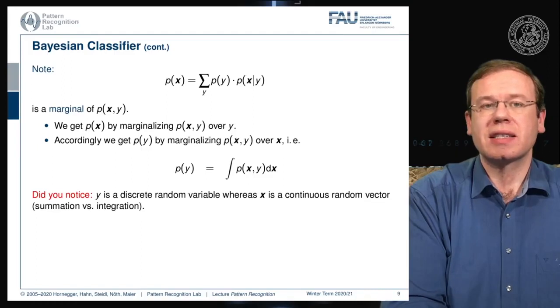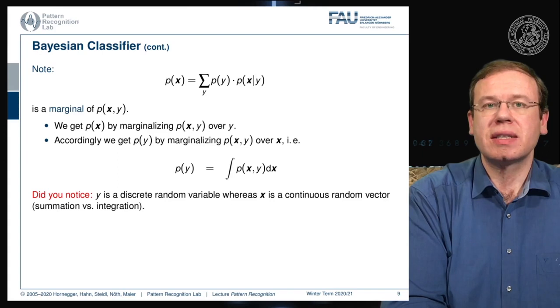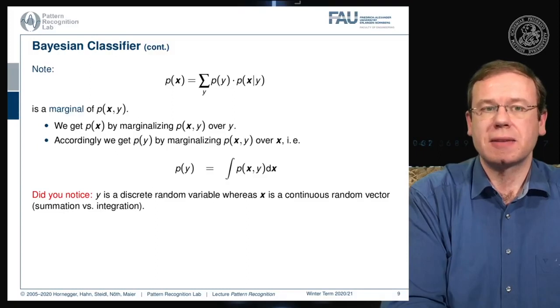If we want to do something similar for the prior probability of class Y, then we would have to marginalize over X, and if you want to do that, then you can already see that we would have to have a continuous integral over the entire domain of X, simply because in our case, or in most cases that we will look at in this class, X is not discrete as in the previous example, but instead it is a continuous vector space, so we have to compute the integral over this entire vector space.